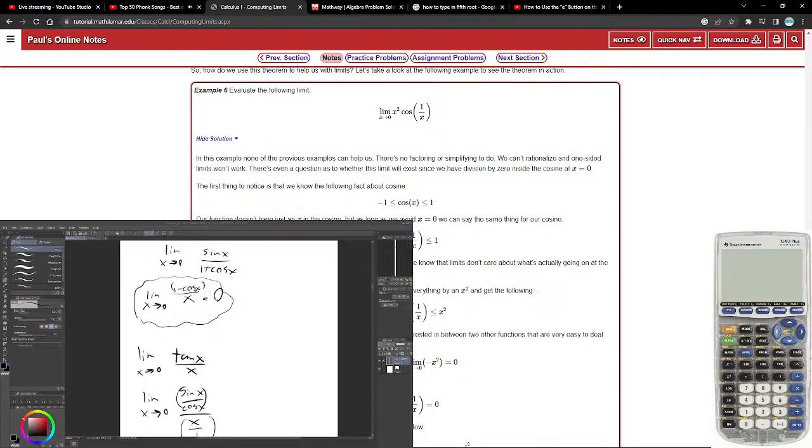There's no factoring or simplifying to do. We can't rationalize, and one-sided limits don't work. There's even a question as to whether this limit will exist since we have division by 0.